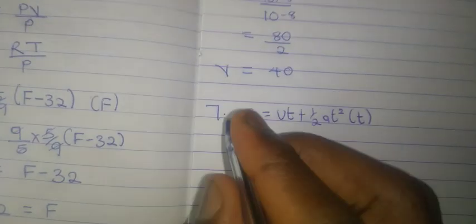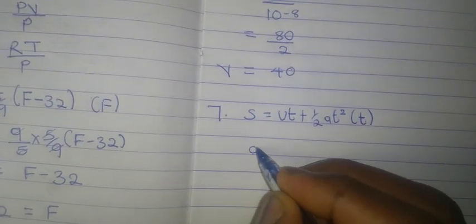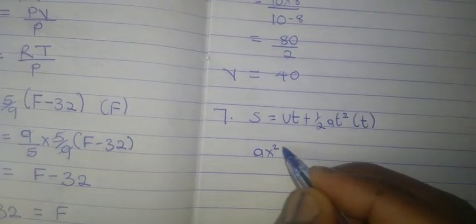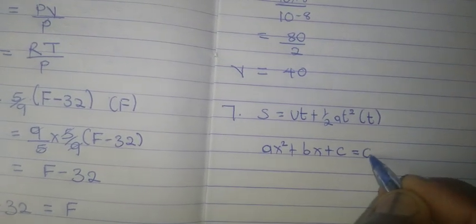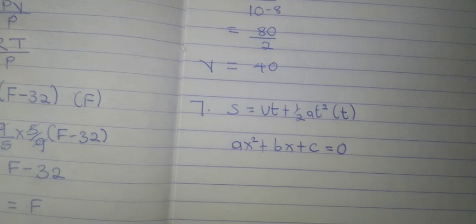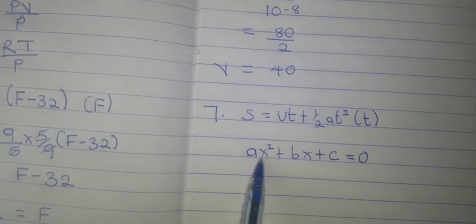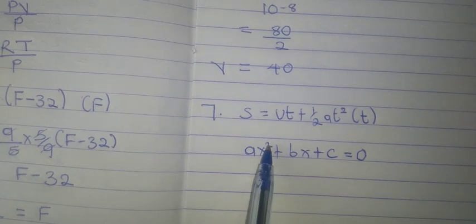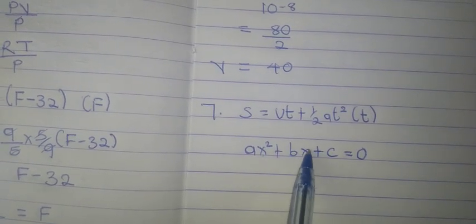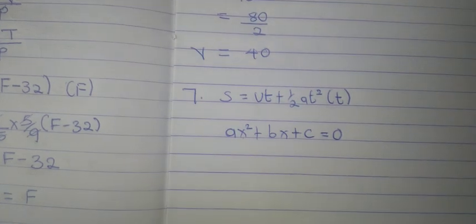You remember, any quadratic equation is in the form of ax squared plus bx plus c equals 0. So for this case, this quadratic equation is in terms of x, because x is degree 2, then degree 1, and here degree 0.